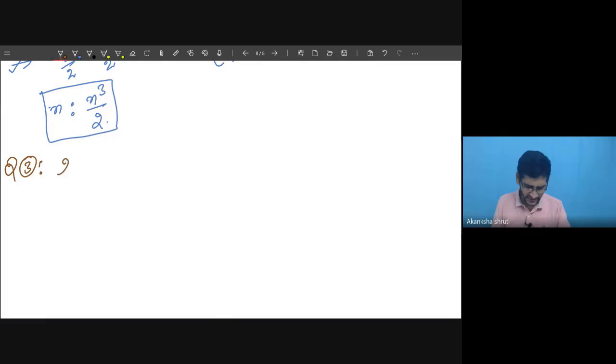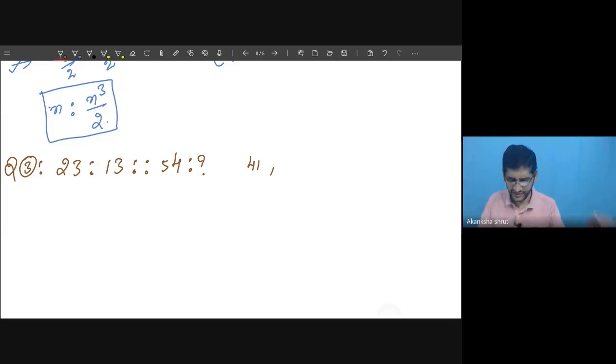Student, do this. 23 is to 13, then 54 is to what? In the options, you are given 41, 39, 40, 38, like this.